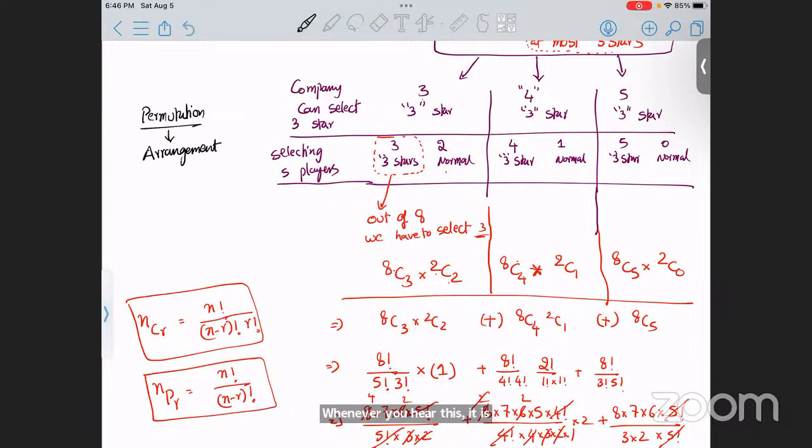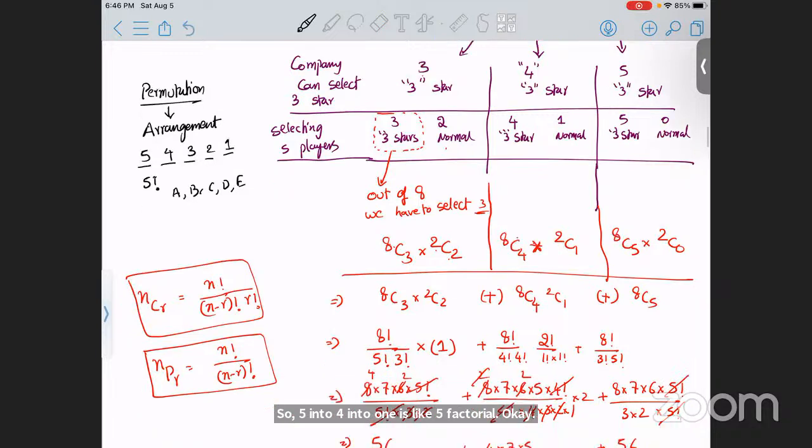I will tell you the reason. For suppose there are 5 items A, B, C, D, E. The first position can take 5, the second position can take 4 values, the third position can take 3, the fourth position can take 2, and the fifth position can take 1 value. So 5 into 4 into 3 into 2 into 1 is 5 factorial. Clear?